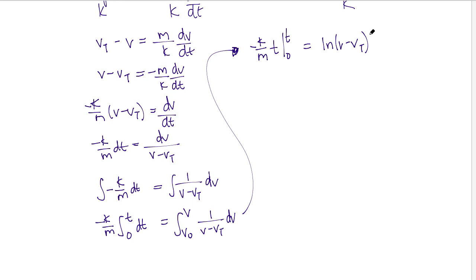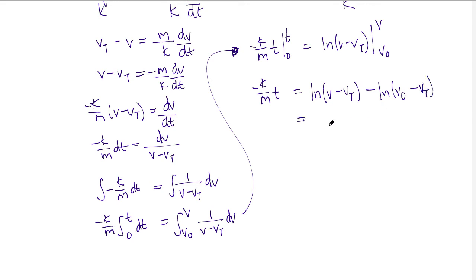And this is going to be evaluated at v0 and v. So the left-hand side, as we said, just becomes negative k over m t. The right-hand side is going to be the ln of, we're plugging in v, so the upper bound, for v, so it's just v minus v terminal, minus v initial for the same thing. So we have ln of v initial minus v terminal.